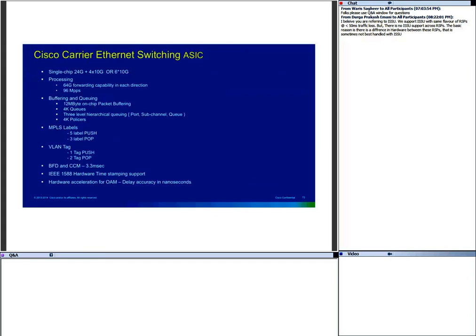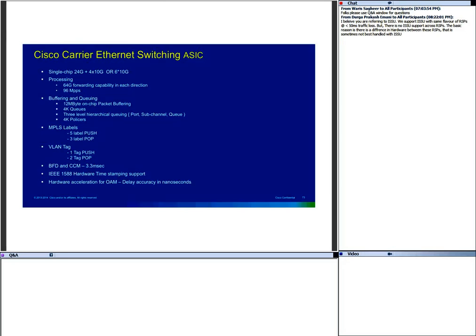Okay, so talking about the carrier Ethernet ASIC. The switching ASIC that we use in the 920 today is again defined by the carrier Ethernet requirements, right? And so the processing power of the ASIC is 64 gigabits per second. So it can process 64 gigabits per second of traffic.